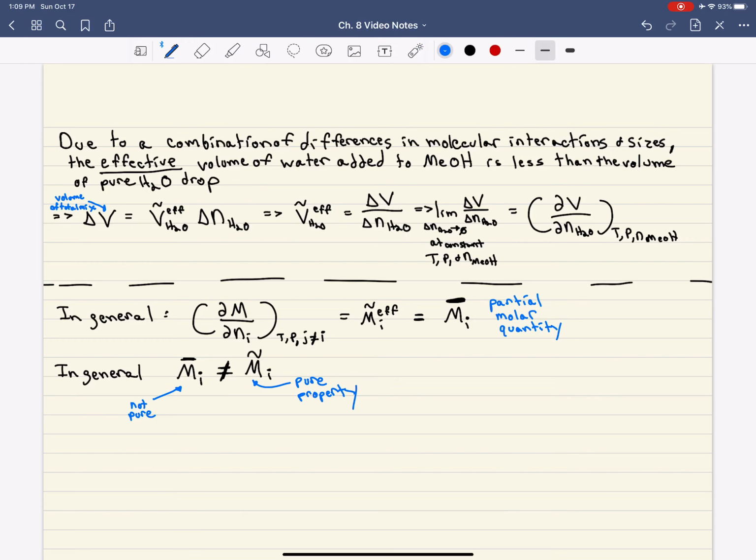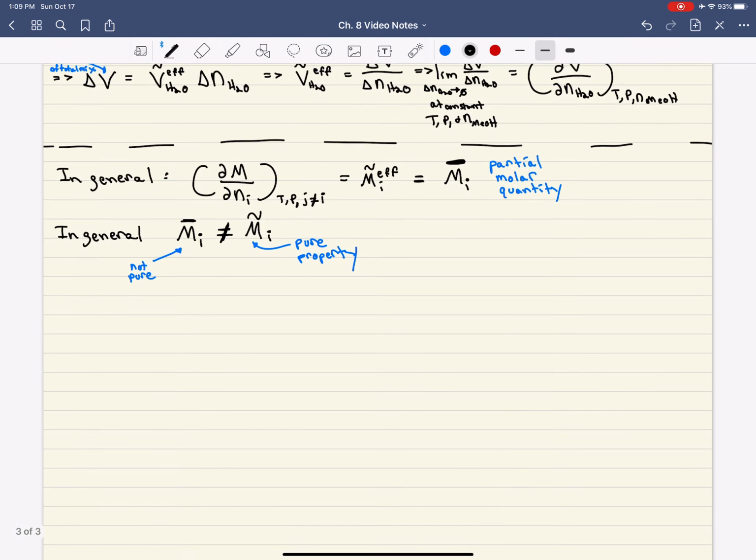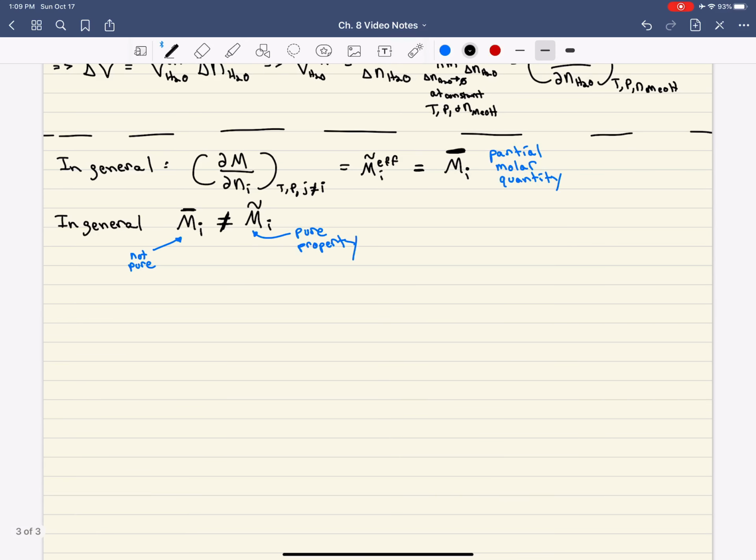All right, and so for emphasis, I want to say that you can have a partial molar quantity for any extensive property. And so, as we saw with volume, you could have a partial molar volume. With enthalpy, you could have a partial molar enthalpy.